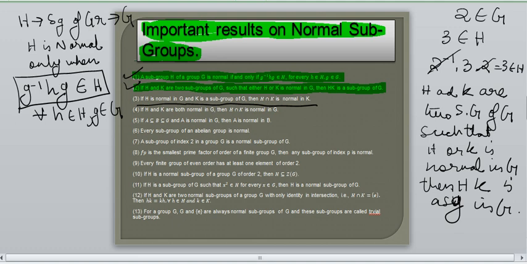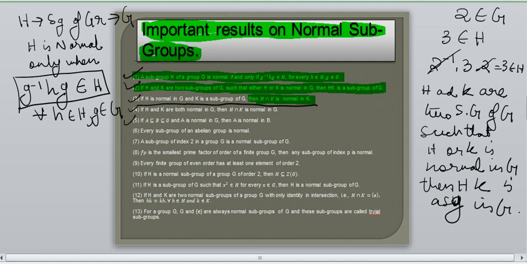Then H intersection K is normal in K. Make sure you understand that.